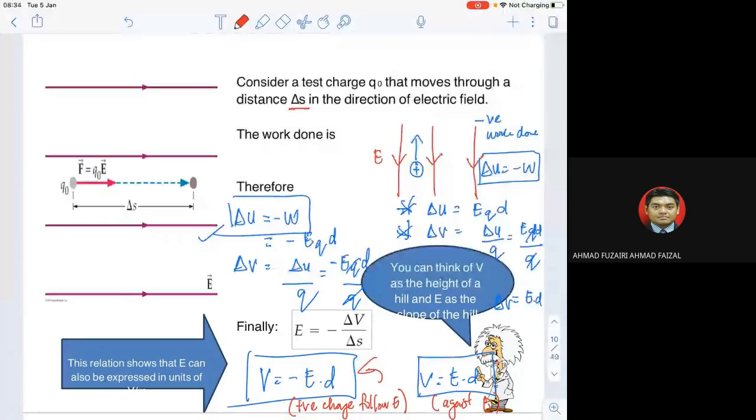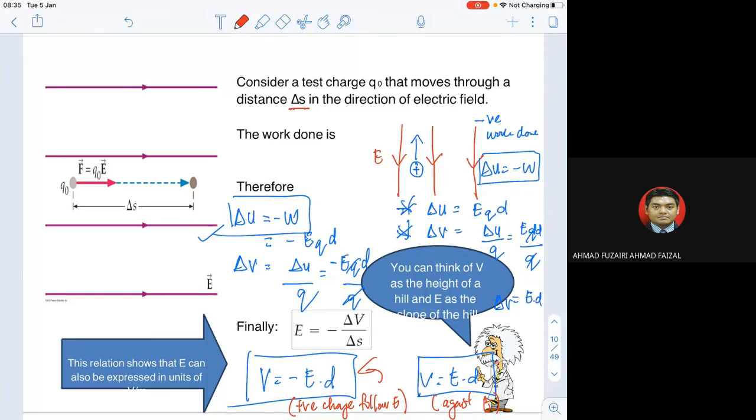First it goes against the electric field, and right now we are discussing the positive charge that follows the electric field. So there are two terms in here, one with the negative, one with the positive. When we go against, V equals ED. When we follow the electric field, it should be negative ED. Simple. V is electric potential, E is the electric field, and D is the displacement.